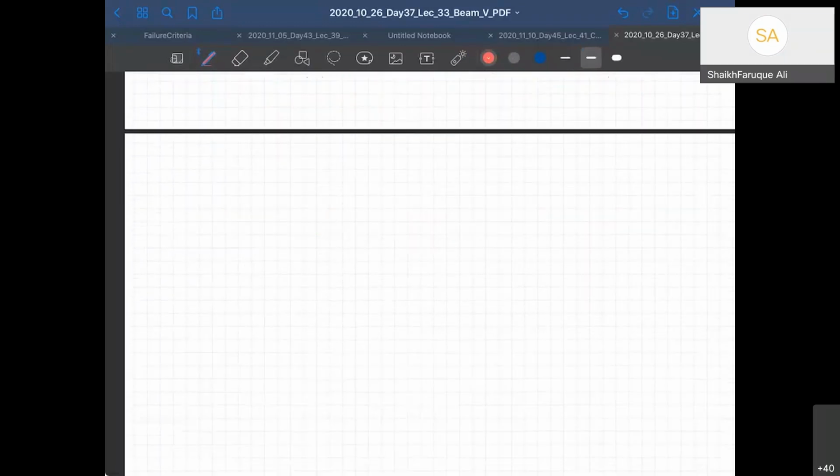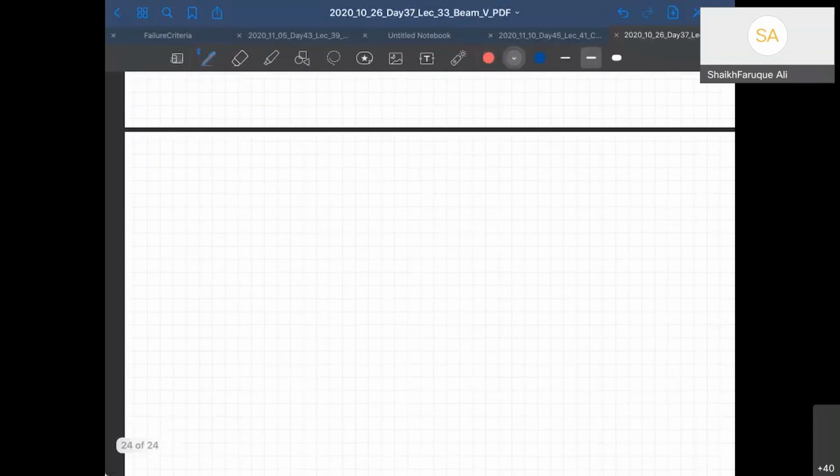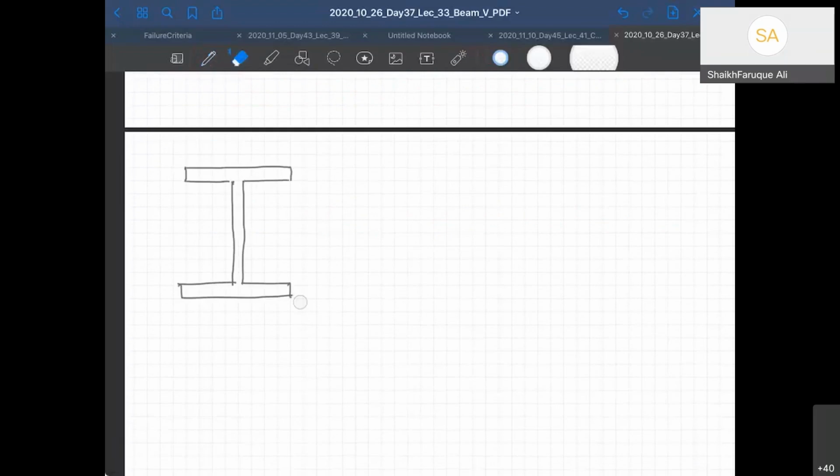What we do in cases like this, if I have a beam which is like this, okay, an I section.